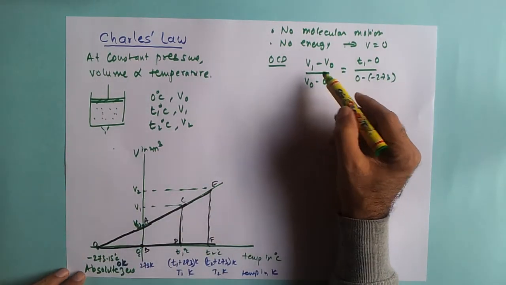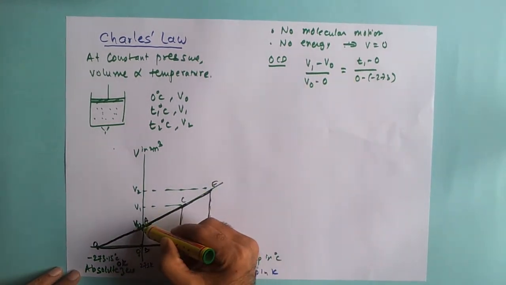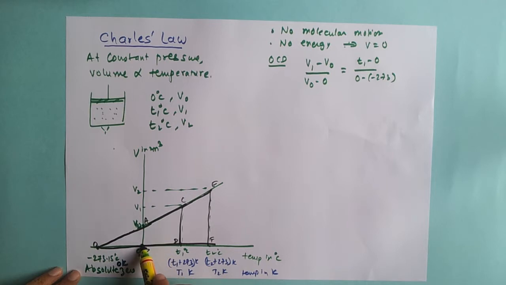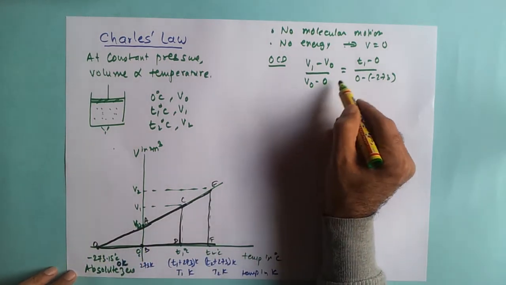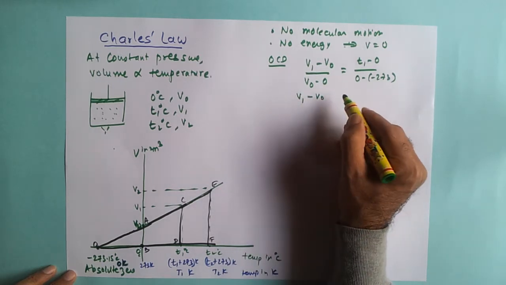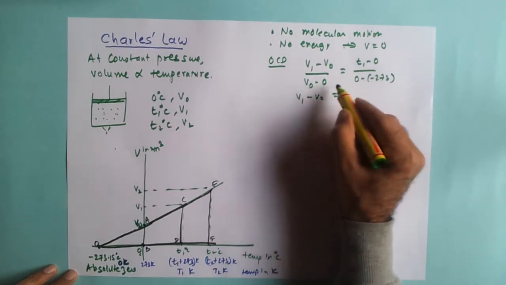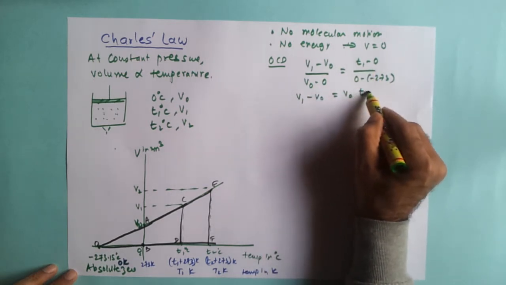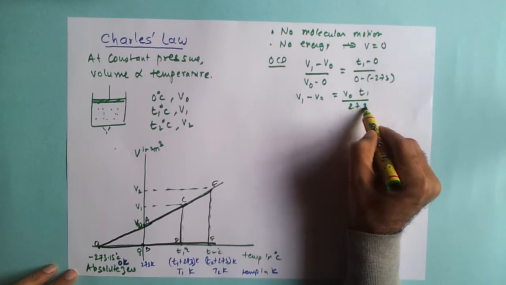Let me once again repeat this. V1 minus V0 upon V0 minus 0 is equal to T1 minus 0 upon 0 minus 273. And if I simplify that, I'll get V1 minus V0 is equal to, this is V0, so I can take V0 over here, this is T1 and this will be 273.